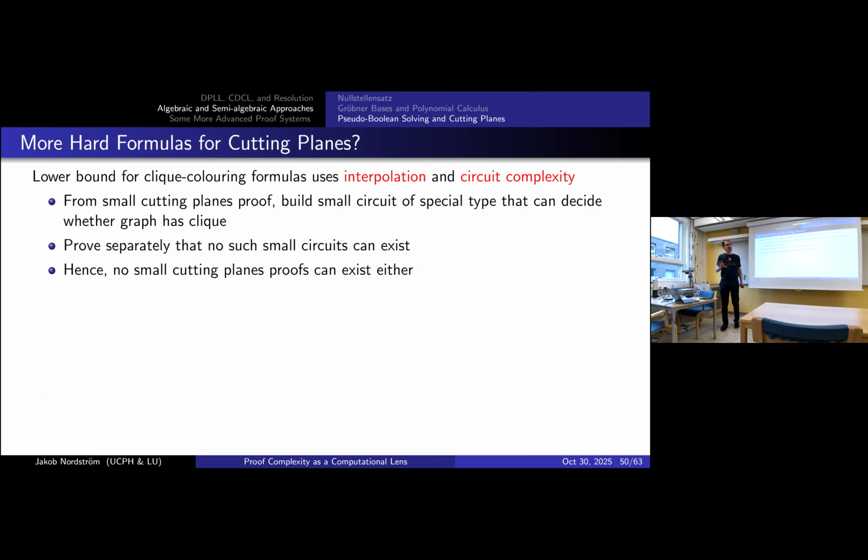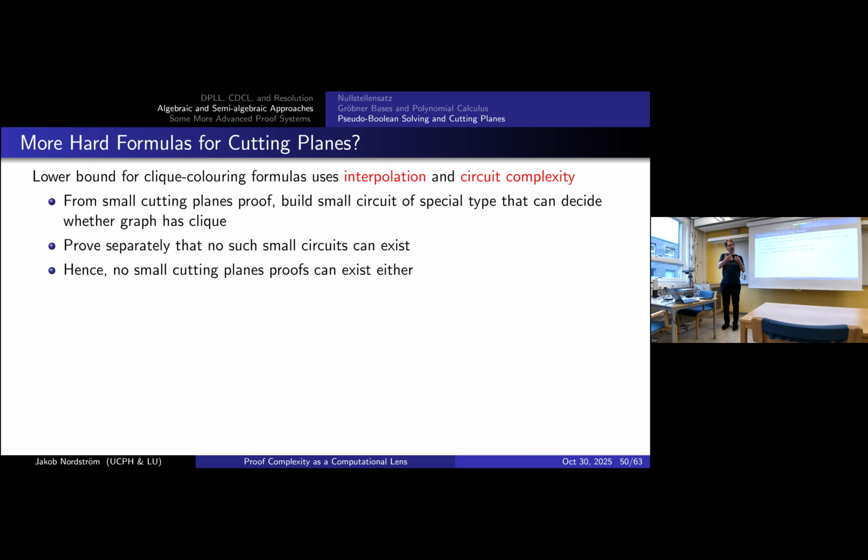But this is a super complicated proof. Basically what you do is a technique that is called interpolation, and then you translate it into a question about circuit complexity. Basically, you argue that suppose there is a small cutting planes proof that refutes the clique coloring formula.